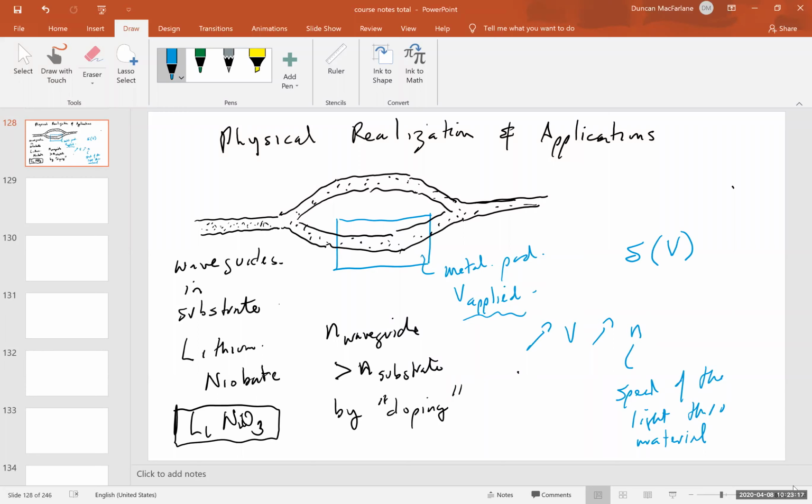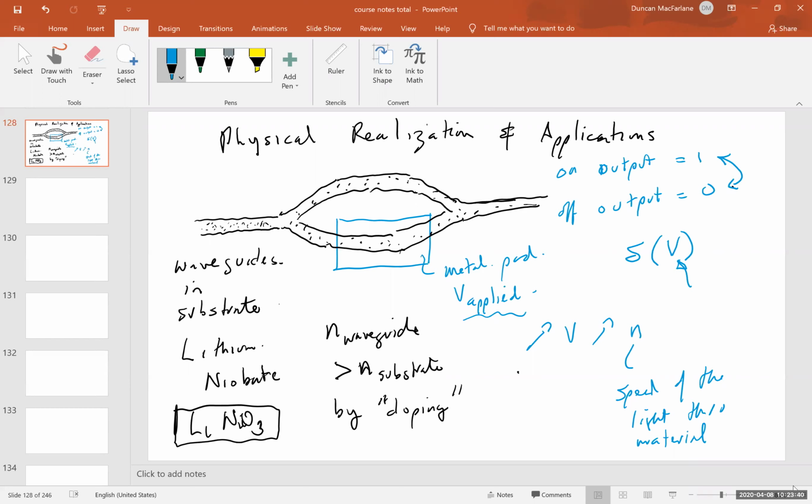So I can go from an output equal to 1, I can go between these two states very quickly by using a voltage.